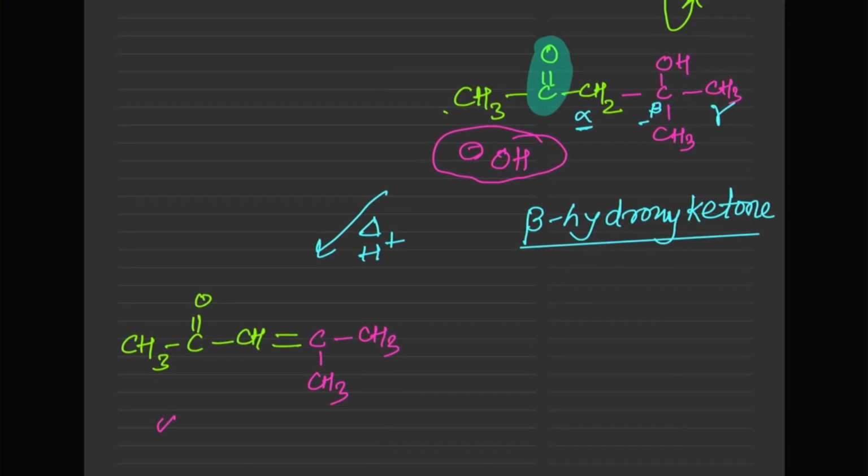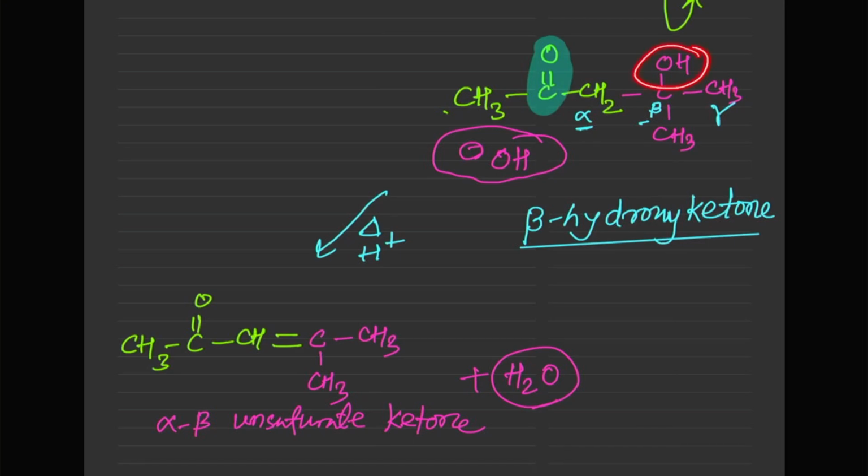So this is an alpha beta unsaturated ketone. So when we deprotonate, with H plus, you're going to get water, by the way, as the byproduct. So this is our aldol condensation reaction where the OH and a hydrogen from here are gone. So that's minus water. So you're going to make a ketone.